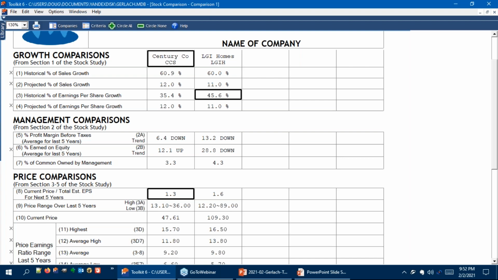One might be slightly more attractive at a certain point than another, or more reasonably priced. But I think right now both of them are probably in a pretty good place, and I think the outlook, as I said, for 2021 looks really good.